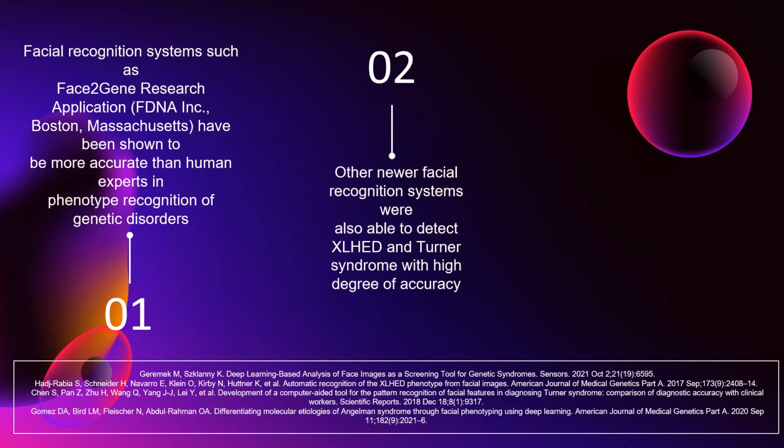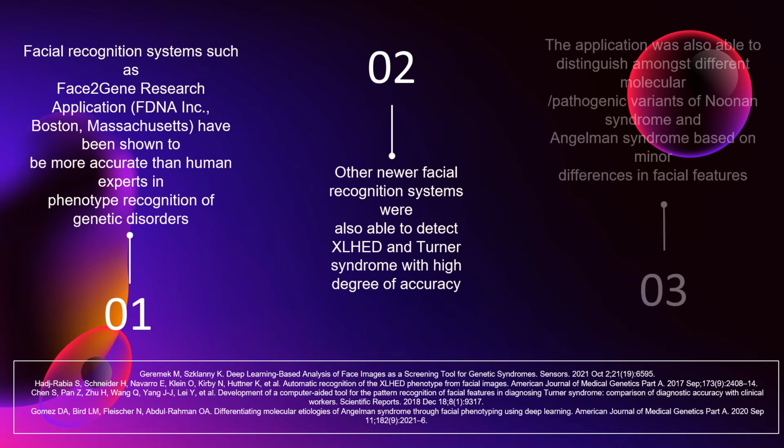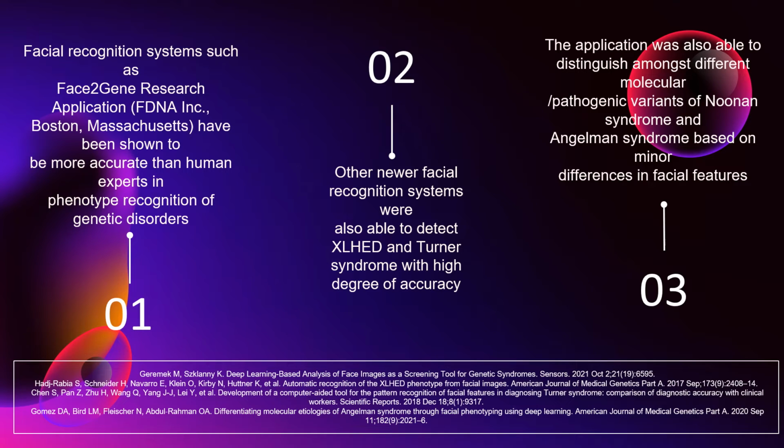Next, other newer facial recognition systems such as the Facial Dysmorphology Novel Analysis Software or the FDNA were also able to detect X-linked hypohidrotic ectodermal dysplasia or XLHED, and Turner syndrome with high degree of accuracy. Lastly, the application was also able to distinguish amongst different molecular pathogenic variants of Noonan syndrome and Angelman syndrome based on minor differences in facial features.